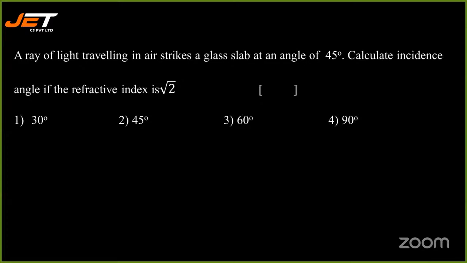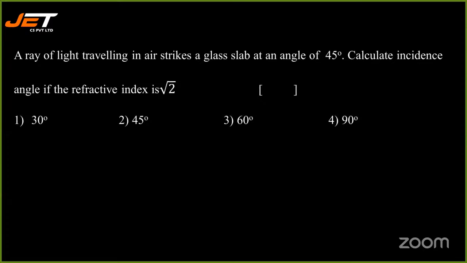Pretty straightforward question. It is basically N1 by N2 is equal to sin r by sin i, where N2 is the refractive index of the second medium and N1 is the refractive index of the first medium, which is equal to the sine of the refracted angle and incident angle.